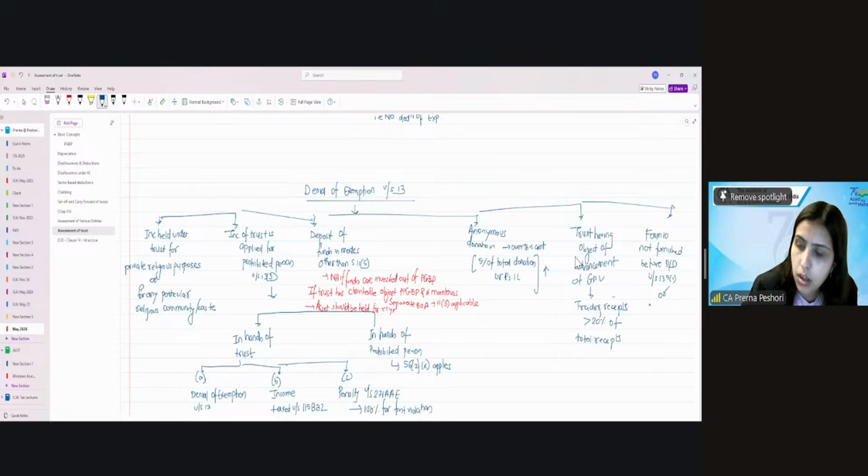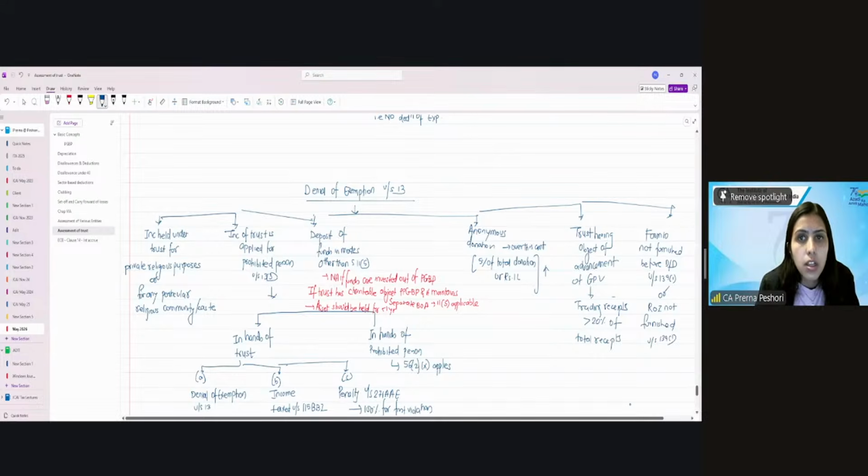Or return of income not furnished. In these cases, the exemption of the trust gets denied. Fine? So this is about the denial of the exemption of the trust.